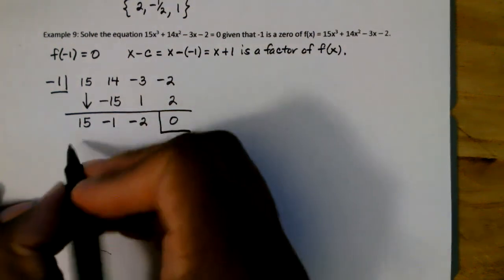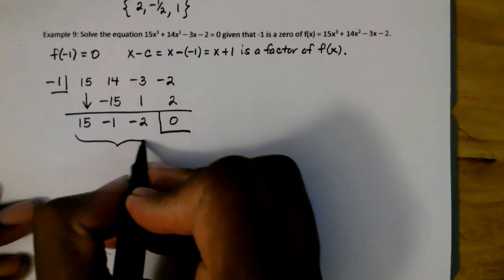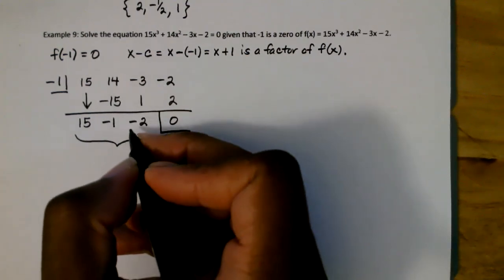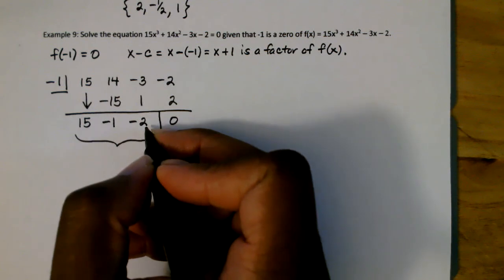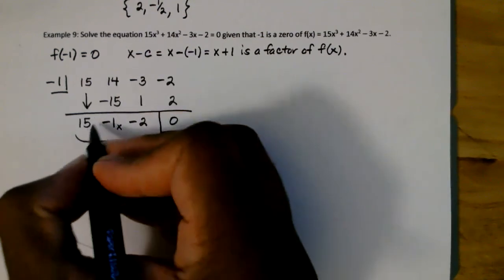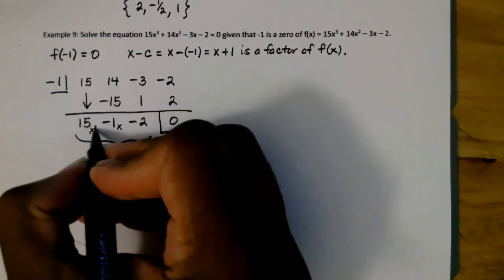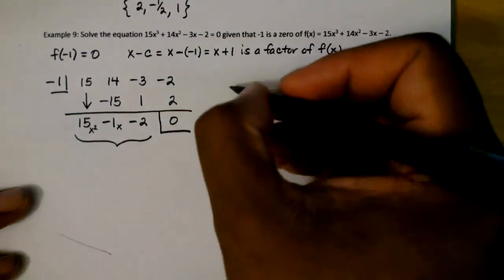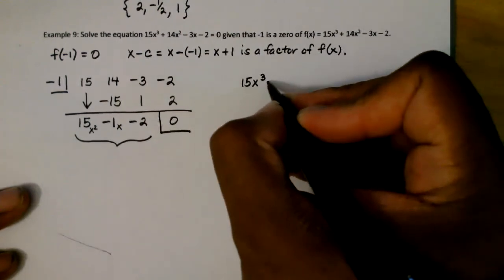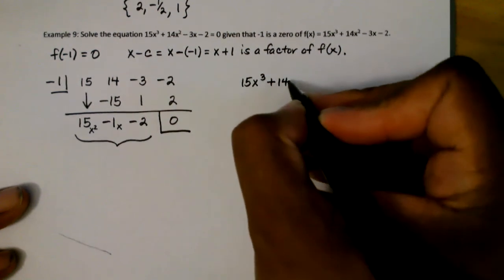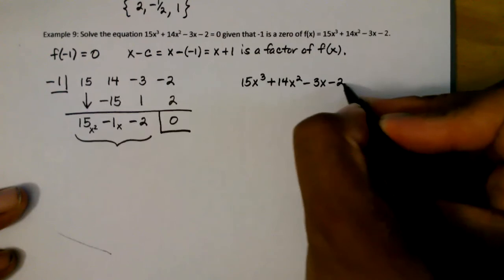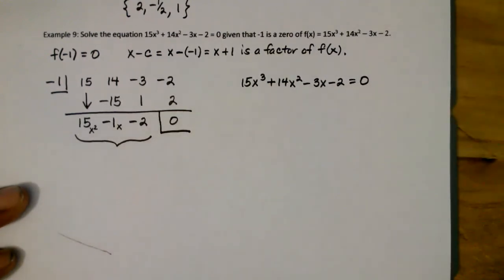All right, so this part right here is the other factor of f of x. In this case, my -2 will be the constant term. The -1 in front of that is the coefficient of x. The 15 in front of that would be the coefficient of x squared. So here, let me write this out as 15x cubed plus 14x squared minus 3x minus 2 equal to 0.